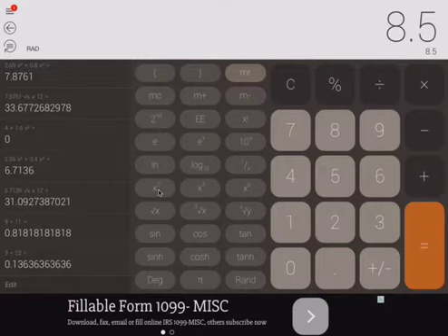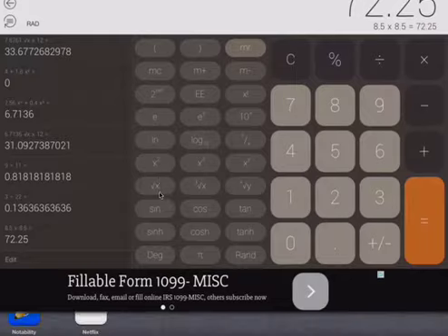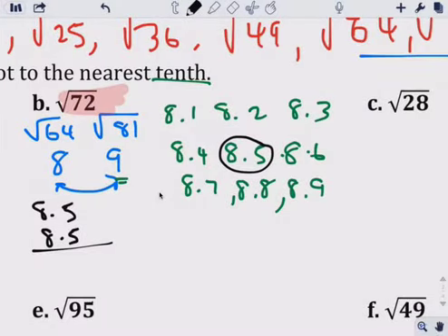Where it says square. Maybe your calculator has it. You can press that and you show your answer right away. Or you can just put 8.5 times 8.5 equals 72.25. Okay? So go back to your work and put 72.25.